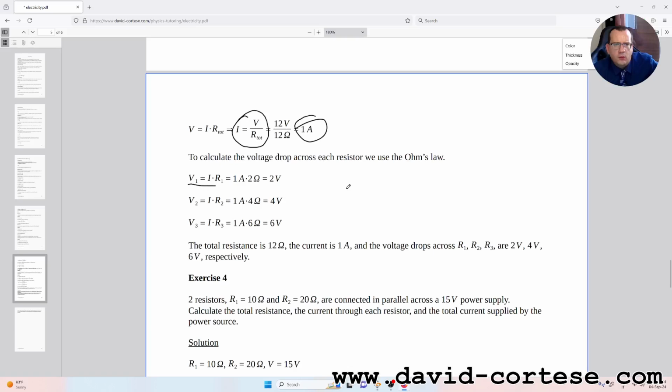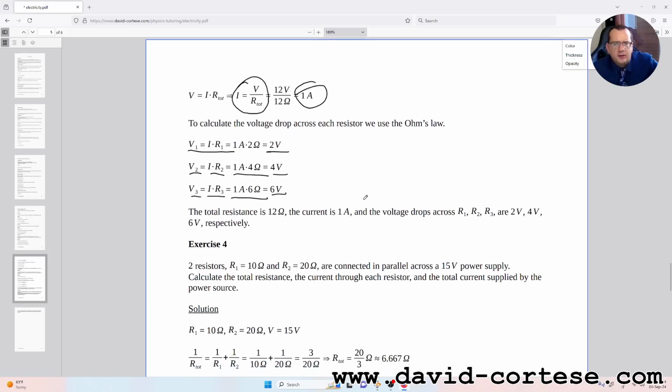So V1 is I times R1, which is 1 ampere times 2 ohm, that is 2 volt. V2 is I times R2, that is 1 ampere times 4 ohm, that is 4 volt. V3 is I times R3, that is 1 ampere times 6 ohm, that is 6 volt.